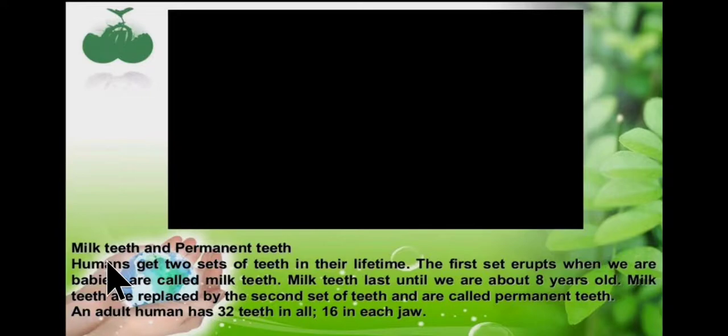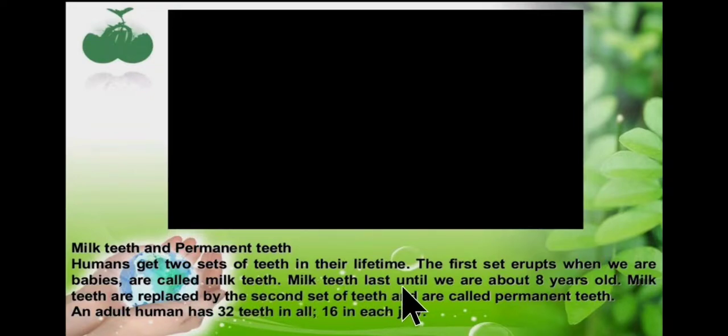Now let's study a little bit about milk teeth or temporary teeth and permanent teeth. Now humans get 2 sets of teeth in their lifetime. The first set erupts when we are babies and are called milk teeth.